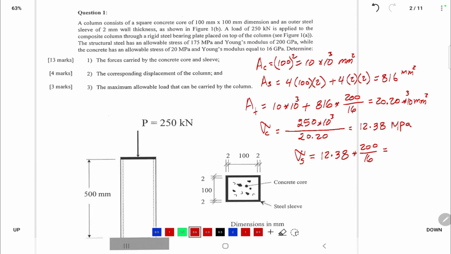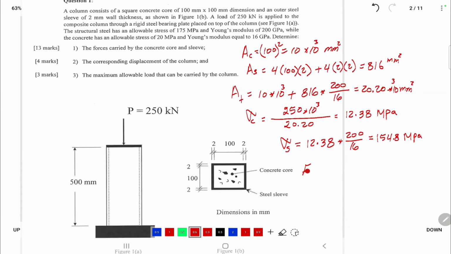If you calculate sigma s, it will be 154.8 MPa.